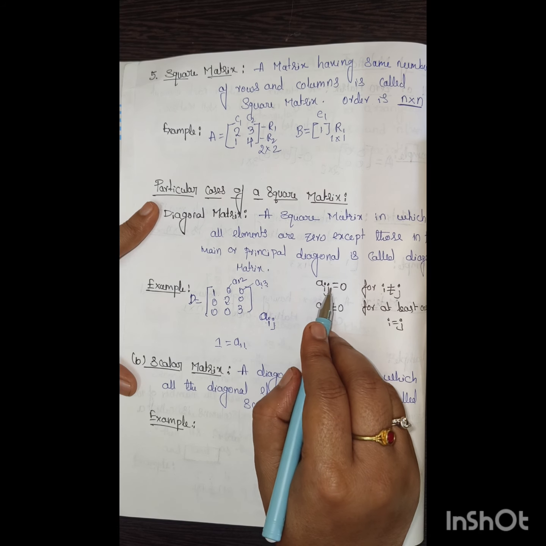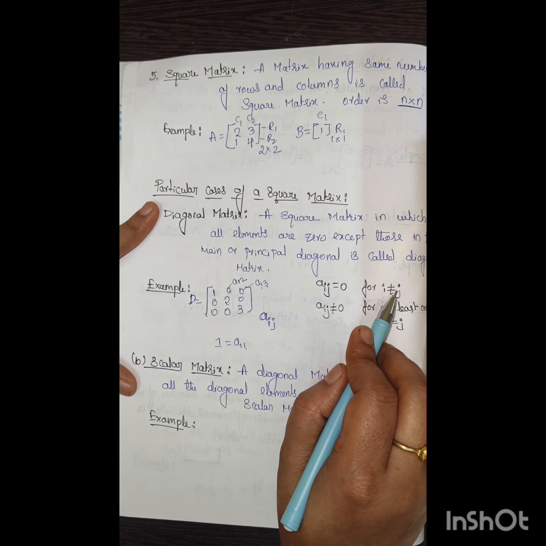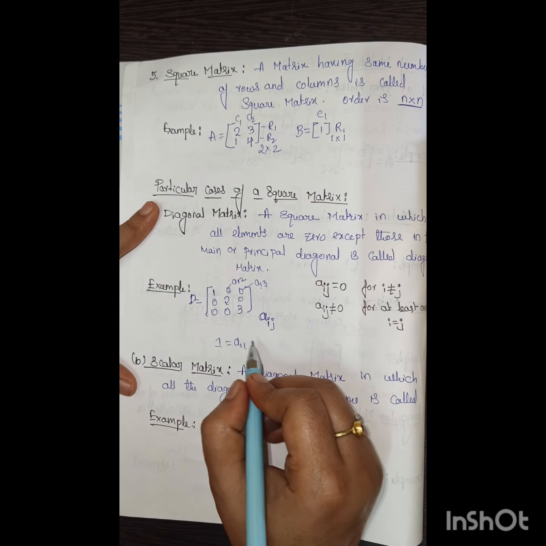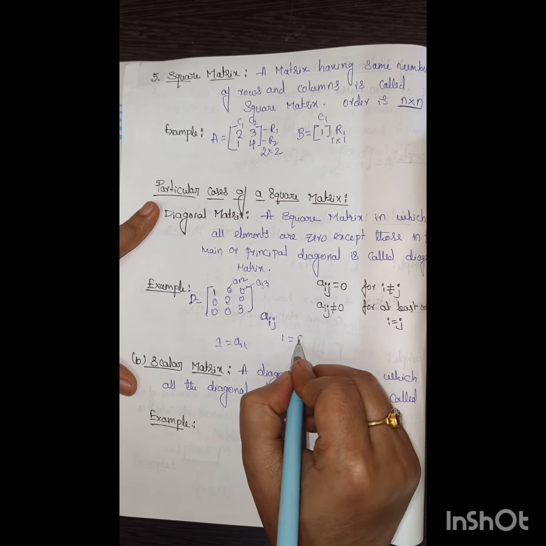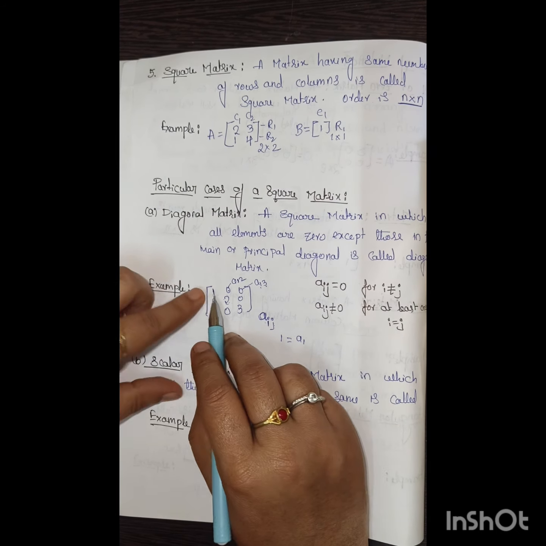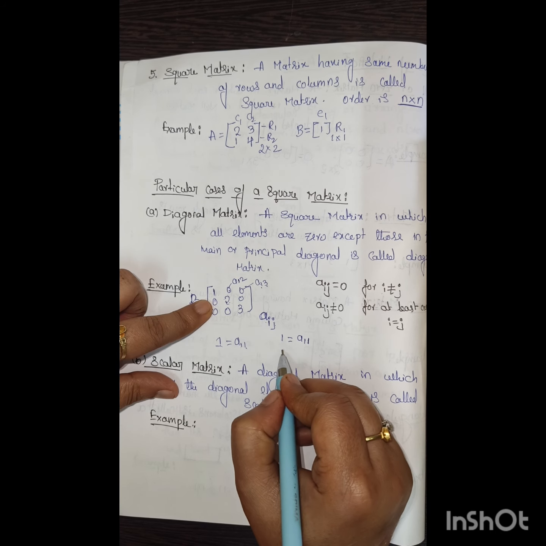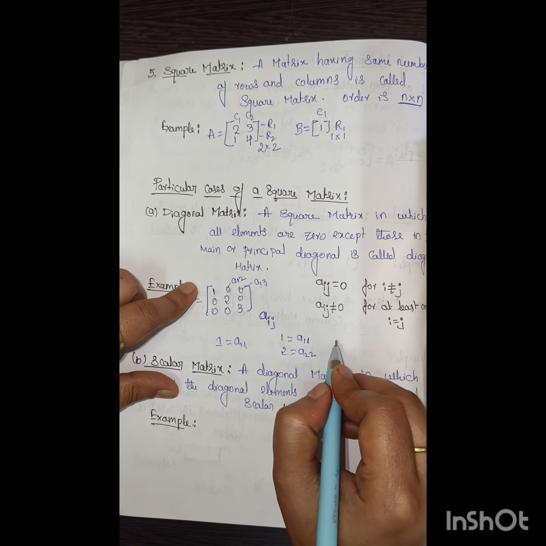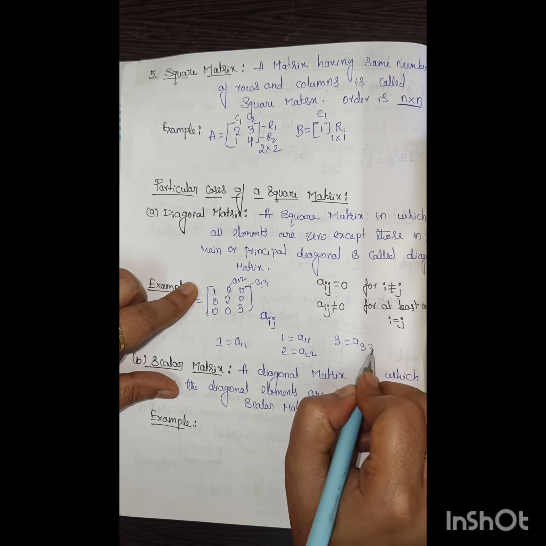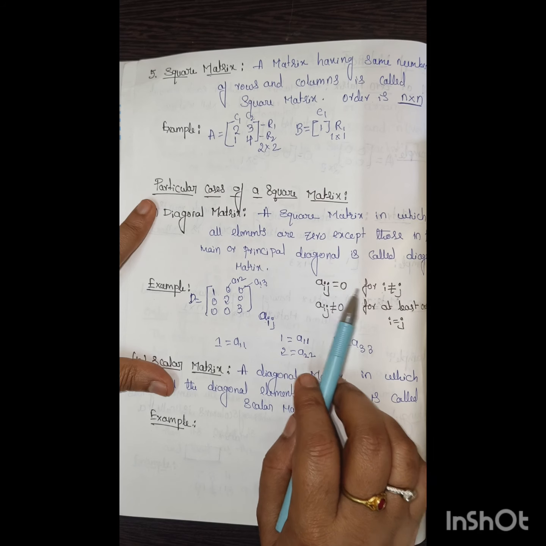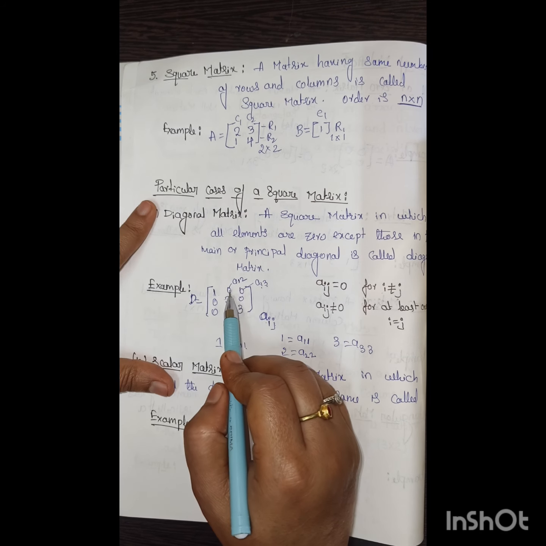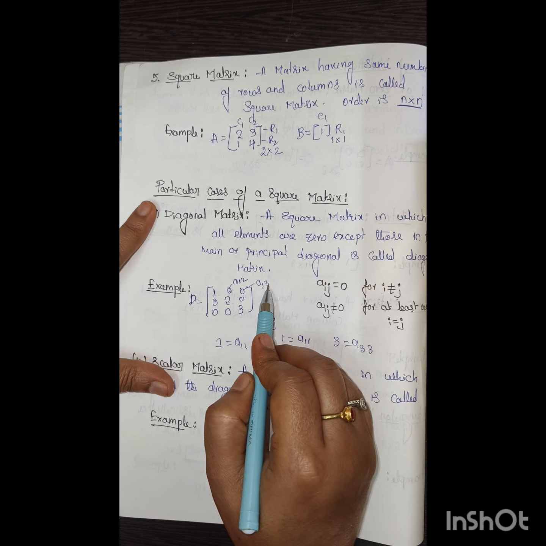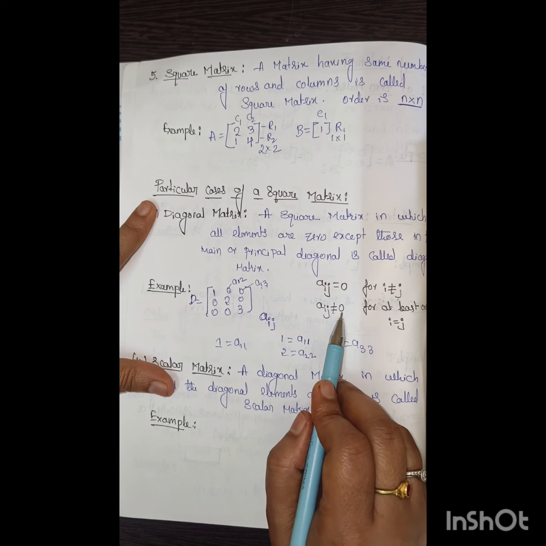So here Aij equals 0 when i is not equal to j, because the diagonal elements are A11, A22, and A33. Here i is not equal to j, 1 is not equal to 2, 1 is not equal to 3, and Aij is not equal to 0 for at least one.